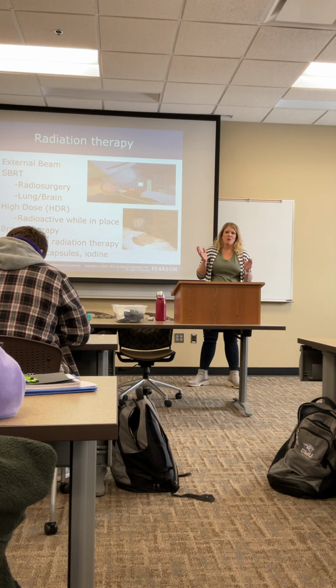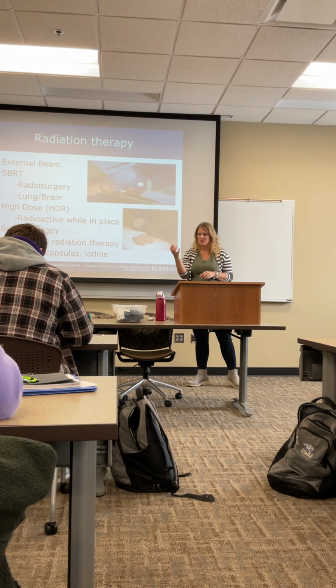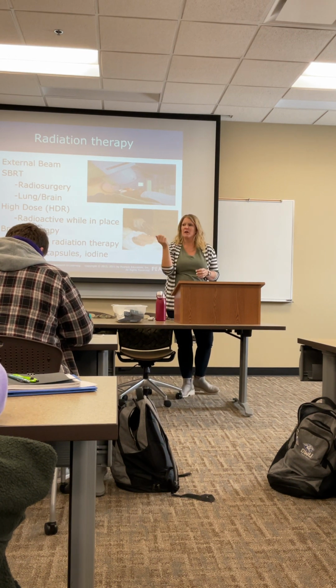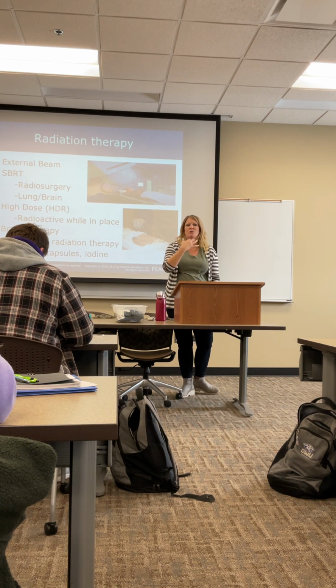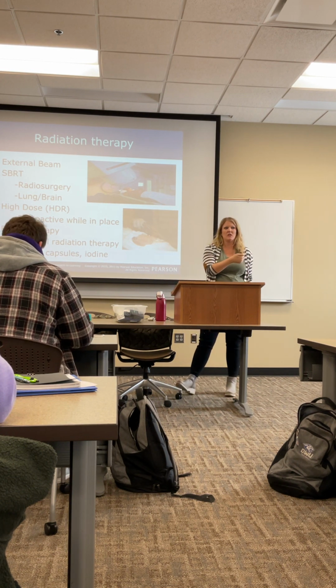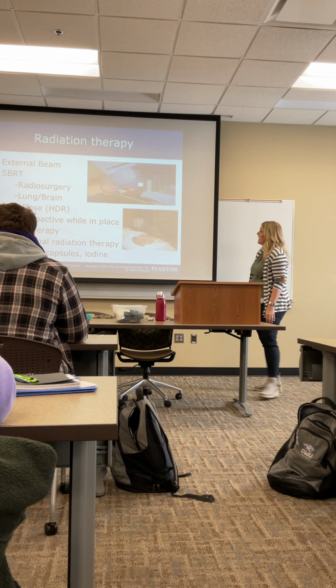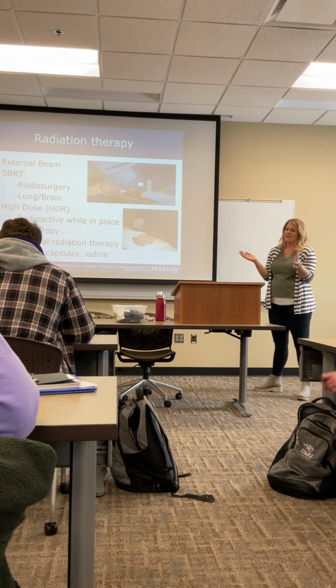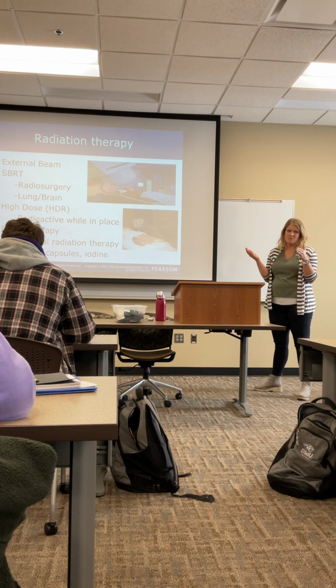But radiation is dosed in what's called gray. So G-R-E-Y is how radiation is dosed. So a radiation oncologist, a dosimetrist, some very smart brains come together and they figure out what dose patients need to effectively treat that tumor, to shrink it or kill it. And so these patients say they're gonna get 5,000 gray of treatment.